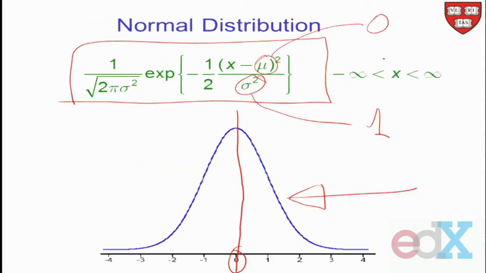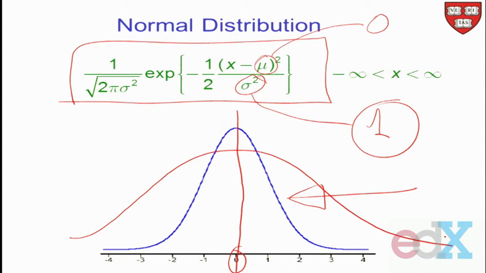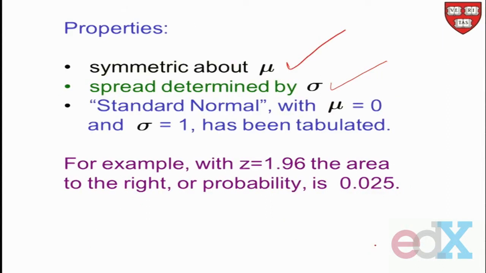So going back to the previous thing, here I've used sigma equals 1. Had I used a bigger sigma, I would get something that looks flatter like this. Had I used a smaller sigma, I would get something that's a little bit tighter like that. It's symmetric about mu. The spread is determined by sigma. And the standard normal is the one I drew for you in the previous slide, the one that has mu equals 0 and sigma equals 1.